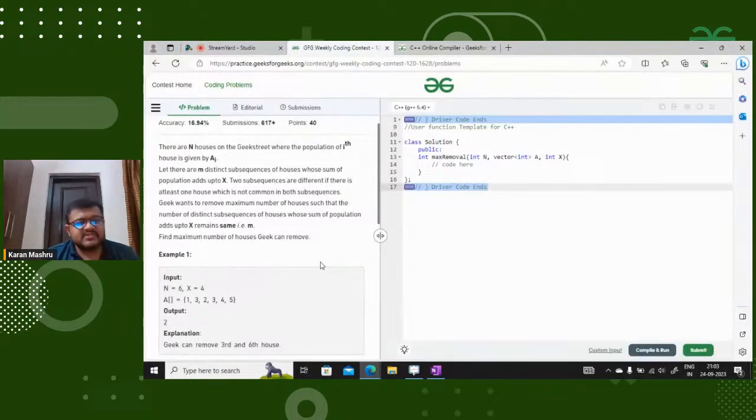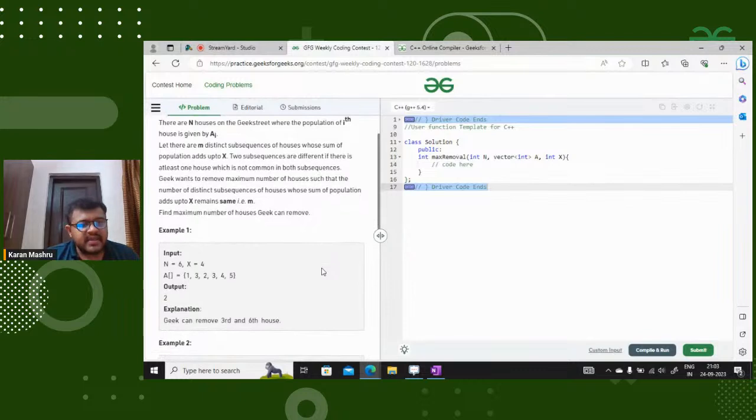Two subsequences are different if there is at least one house which is not common in both sequences. Geek wants to remove maximum number of houses such that the number of distinct subsequences of houses whose sum of population adds up to x remains the same, that is m. Find the maximum number of houses geek can remove.